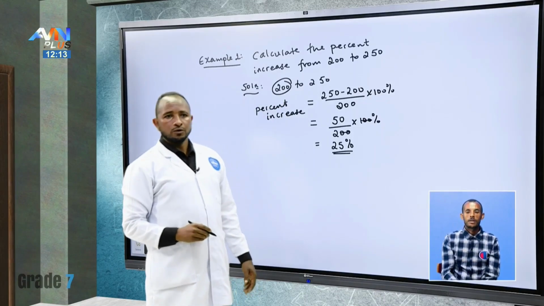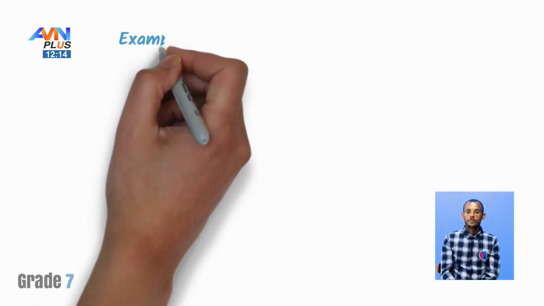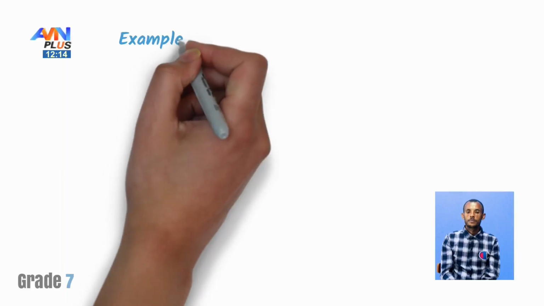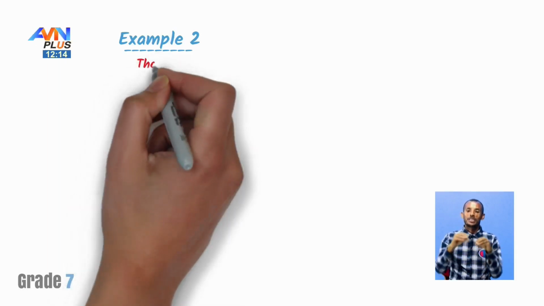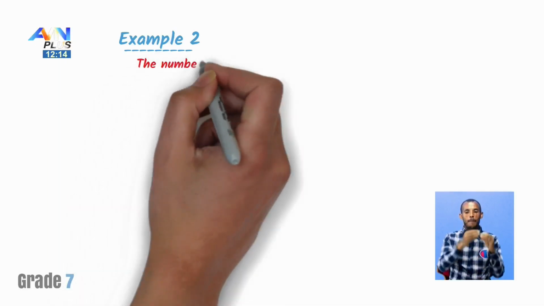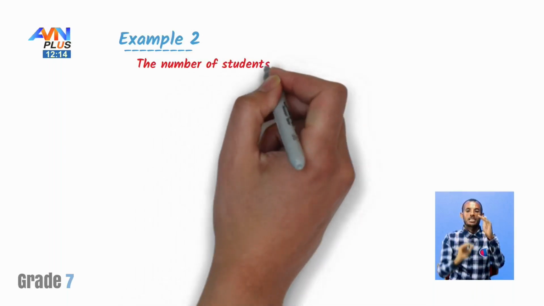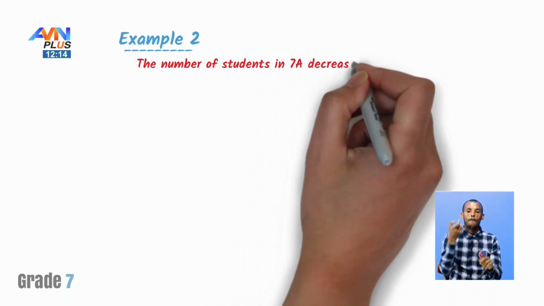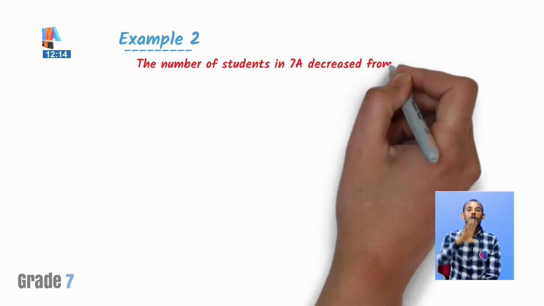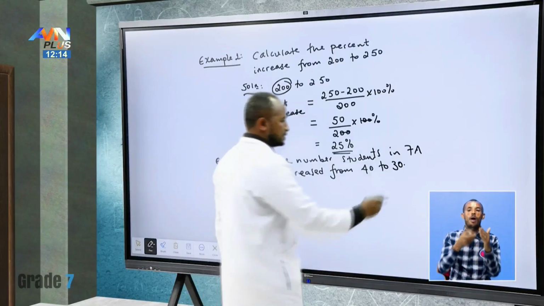Then I'll proceed to the next. Example 2: The number of students in 7A decreased from 40 to 30.